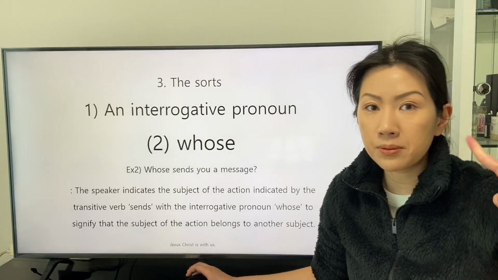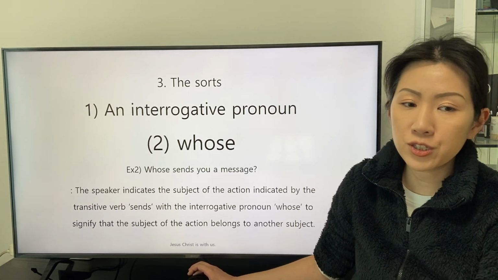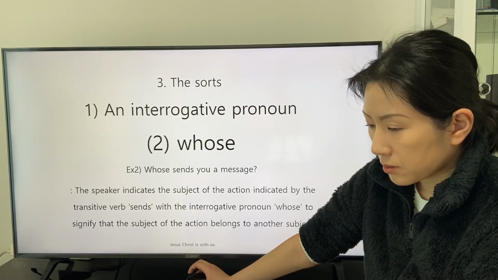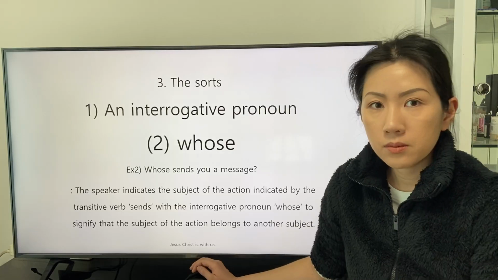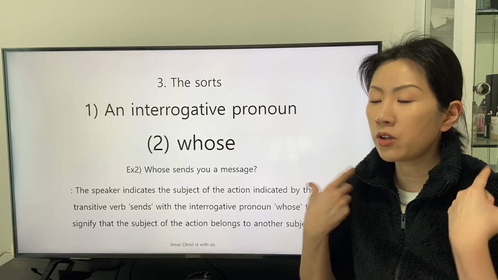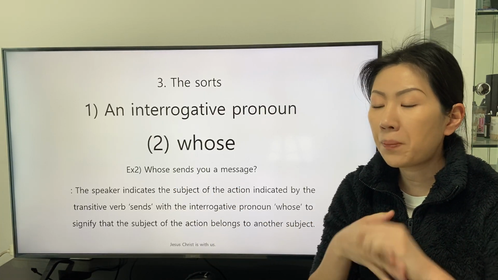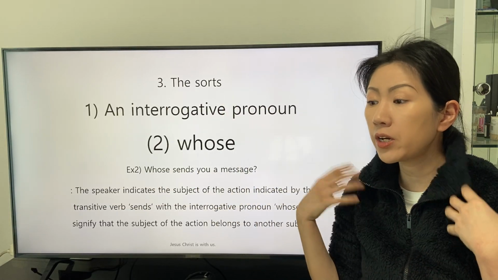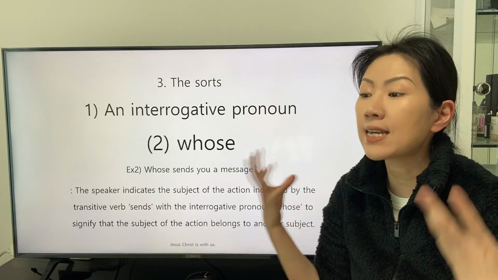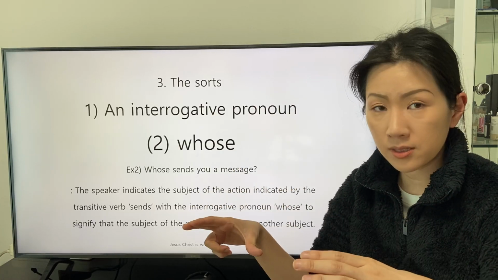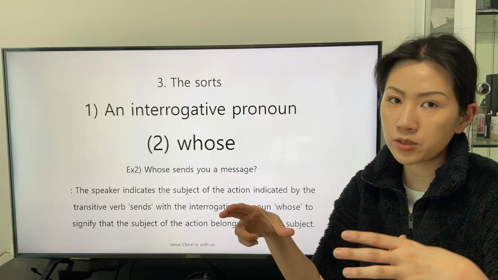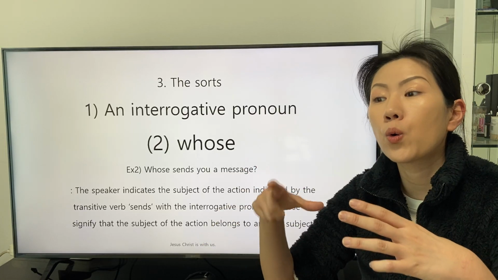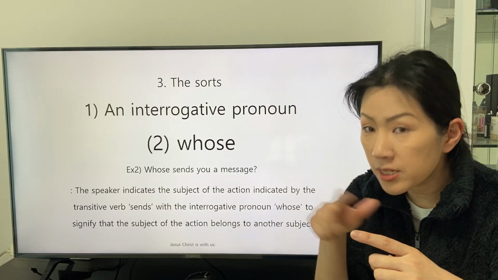The second example is this: whose sends you a message. We can understand that a person can belong to the other person. So the speaker intends to indicate a person, but the speaker intends to know who the person belongs to.